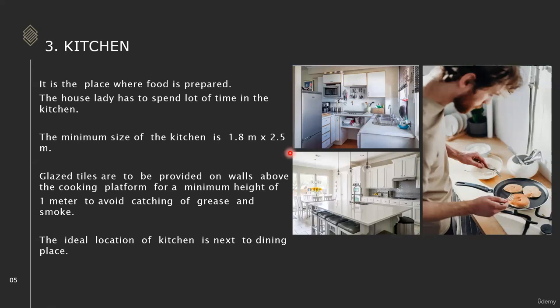But keep in your mind while planning: the position of the stove, the position of the sink, and the position of the refrigerator. These should be there. Always remember this while planning any kitchen.